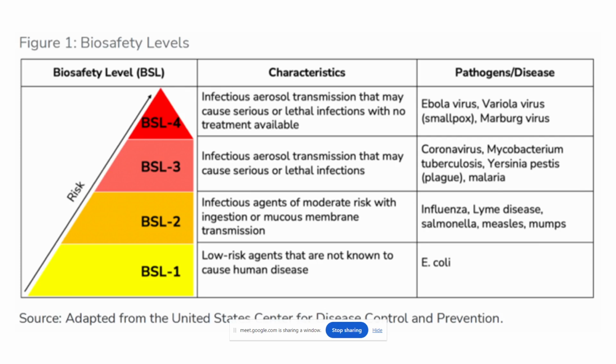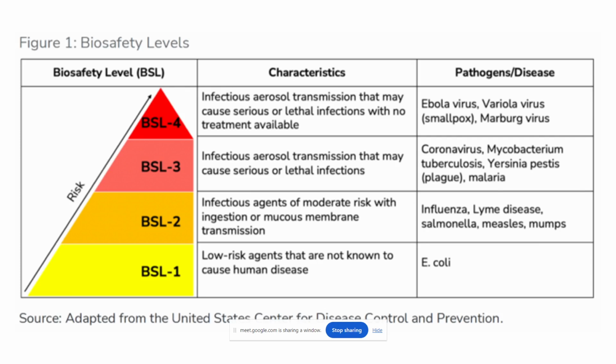Similarly, the highest risk factor is BSL-4. We have already covered all the infectious agents that are transmitted through aerosol, and those transmitted through ingestion or mucous membrane. So what is left? There are certain infectious agents whose cure is not available yet, or whose risk factor is not known yet.